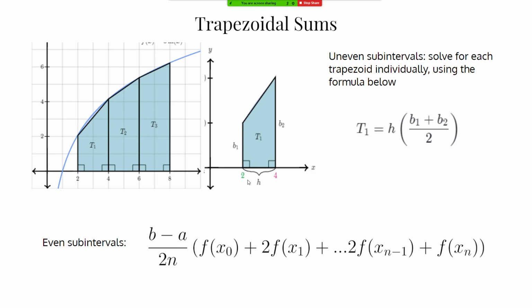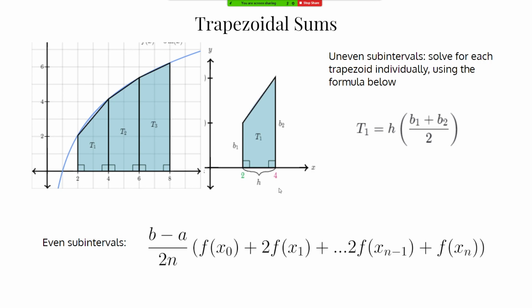So trapezoidal sums look like this. If you have even subintervals, like for example this one, delta x is always 2. It goes from 2 to 4, 4 to 6, 6 to 8. Then you could use this rule: b minus a over 2n times f of 2 plus 2 f of 4 plus 2 f of 6 plus f of 8.